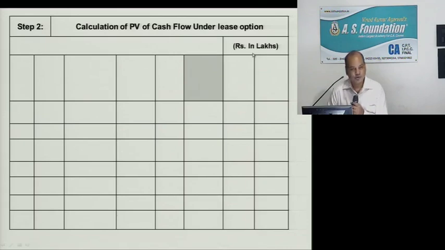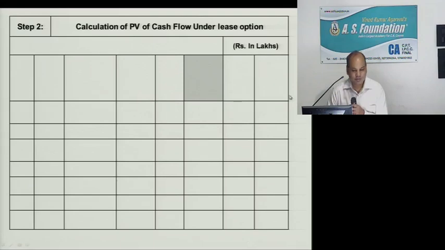First one, year. Second column, fixed rent. Third column, variable rent. Fourth column, total rent. Then next column, tax shield on rent. Next column, after tax rent. Discount rate, present value.